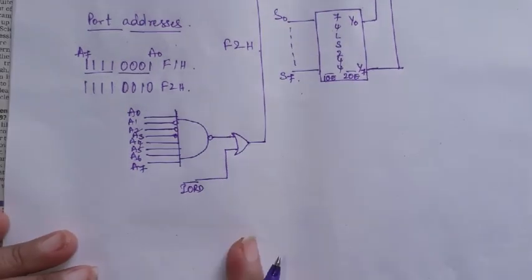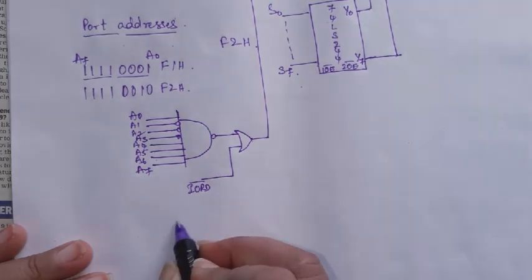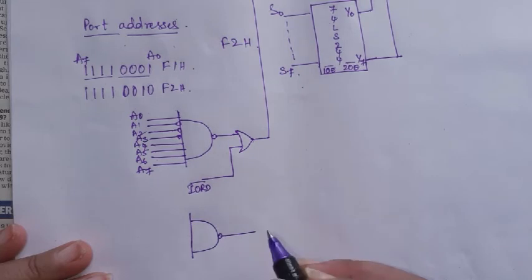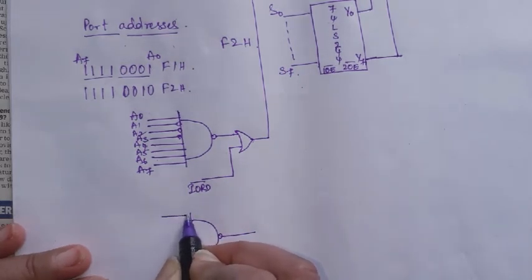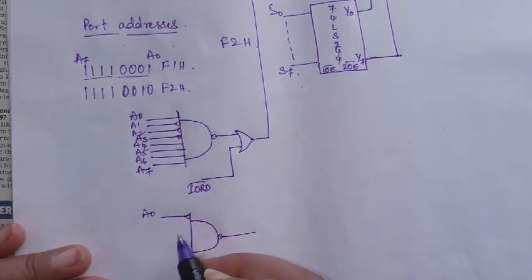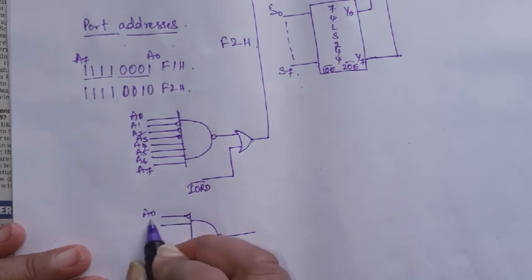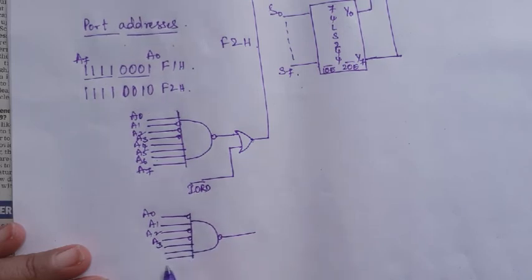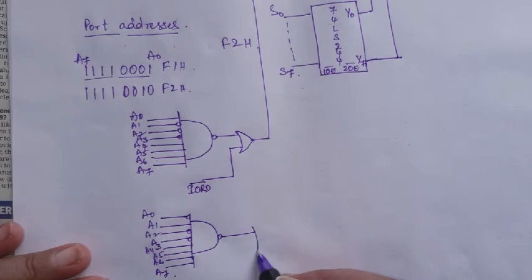In the same way, for this second set of switches, the decoding logic will be: A0 is 0, A1, A2, A3 are zeros, and A4 to A7 are all 1. These are all decoded.